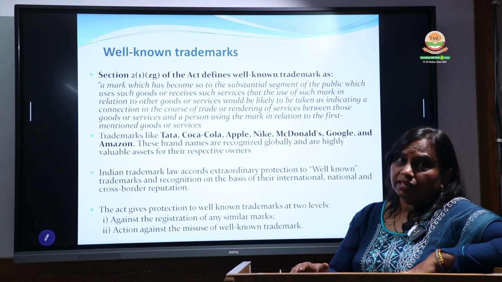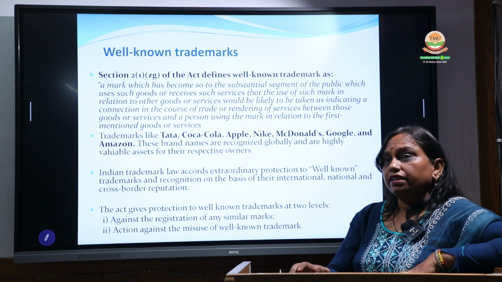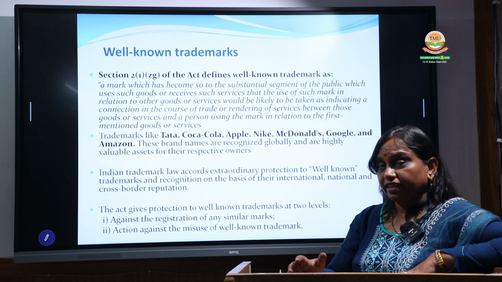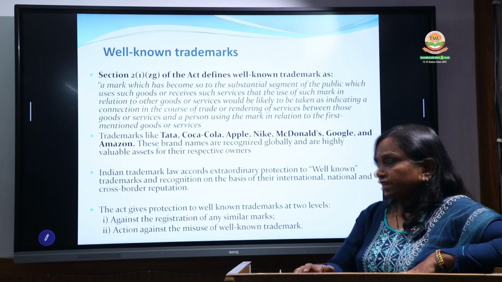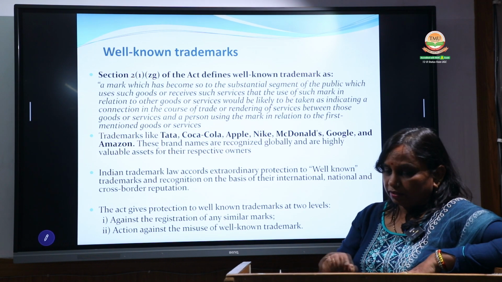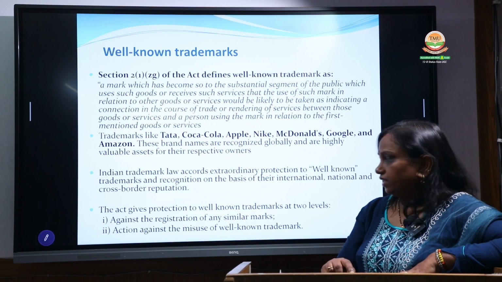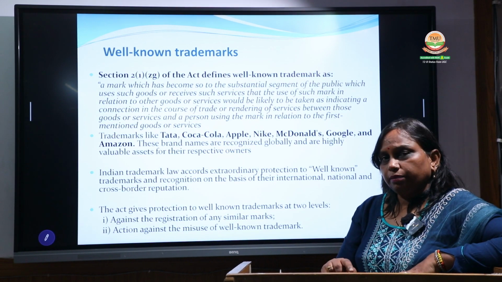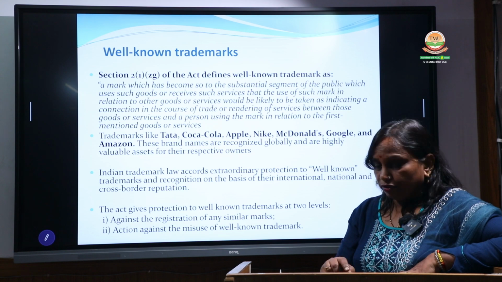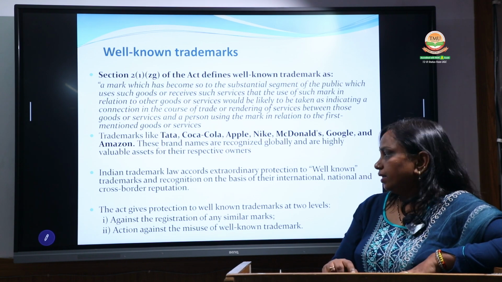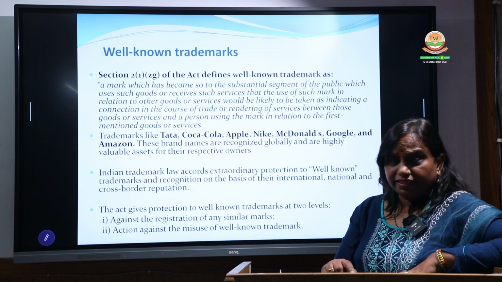As these marks are so popular, nobody can copy the name or the mark. And the second is action against the misuse of a well-known trademark. If anybody copies or uses a well-known trademark without the authorization or permission of the owner, then the owner can take legal action.